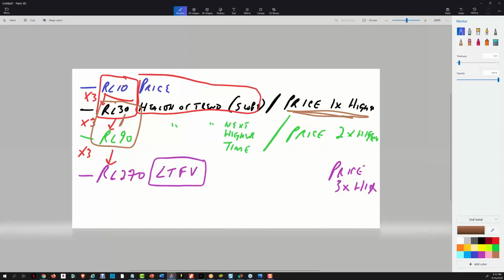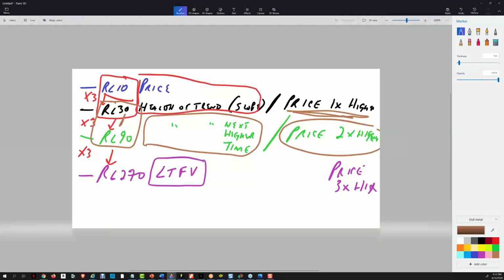And when I'm looking at the RL90 on my chart, I'm looking at the health of the trend of the next higher time frame, but also what the price of it 2 times higher would be. So you get this very fractal relationship, and on one single chart, you can see all that stuff going on.